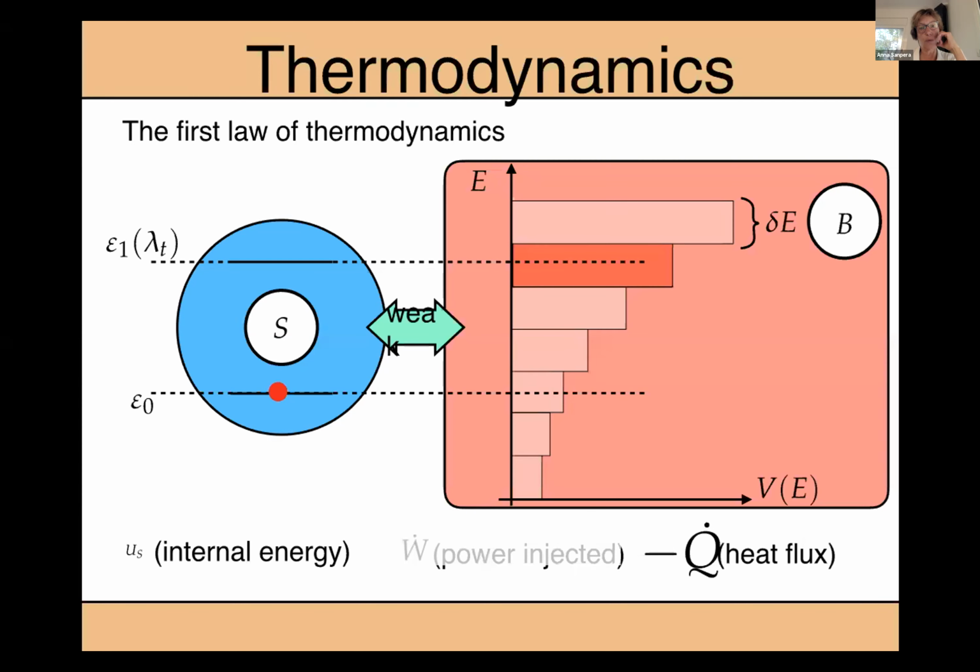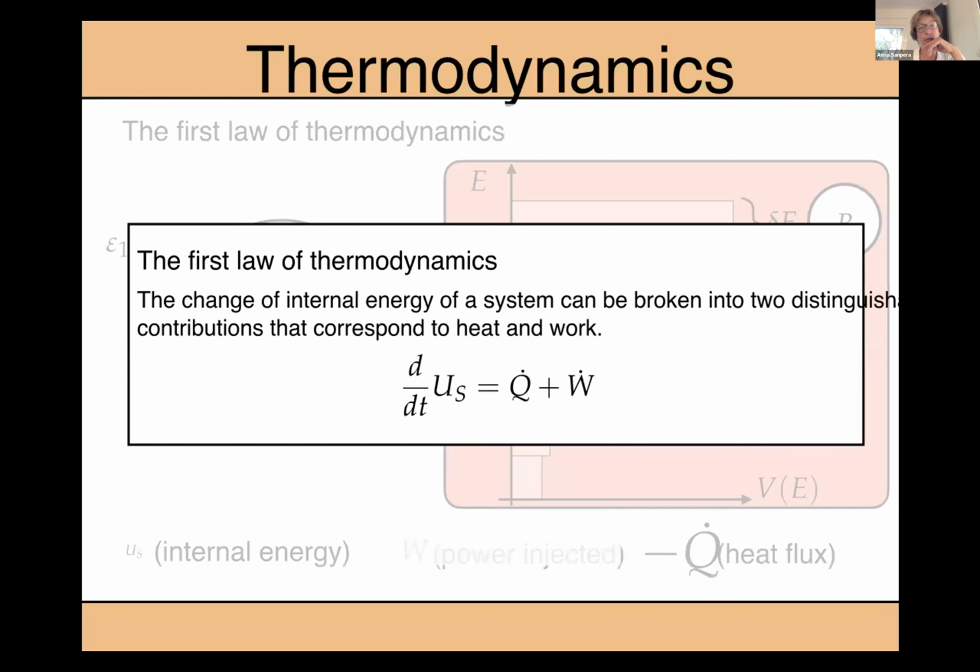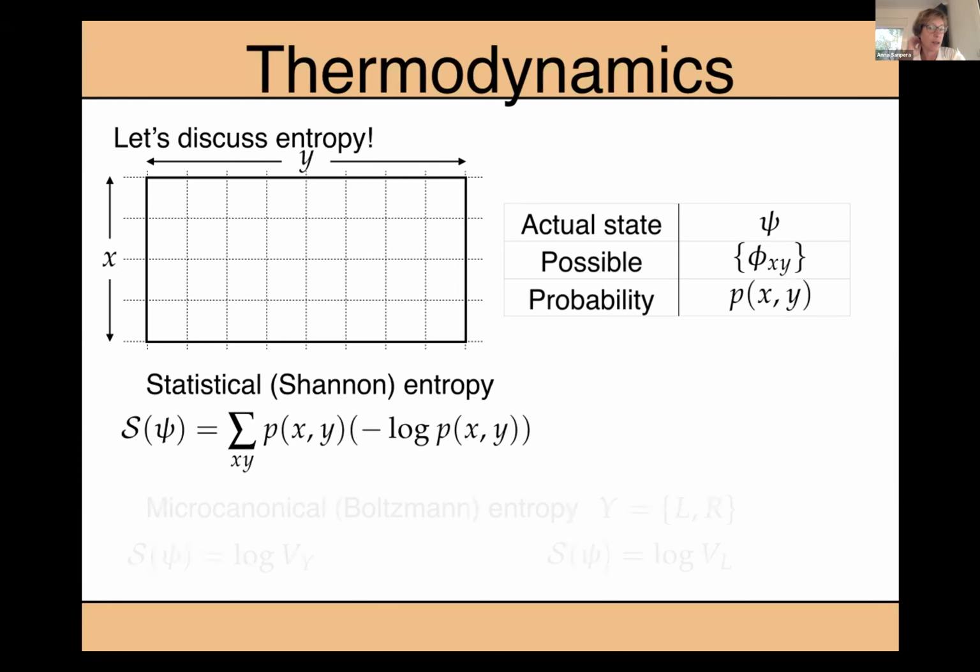Okay? And then when we look at the internal energy of the system, we recover that the change of the internal energy can be broken into the exchange of heat and work, and the first law is fulfilled.